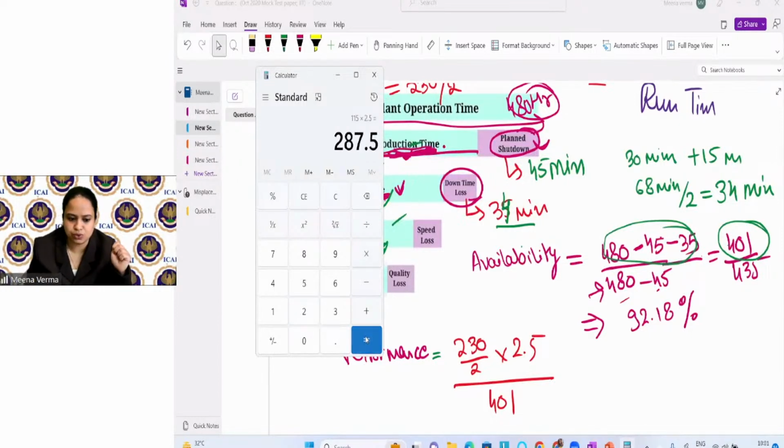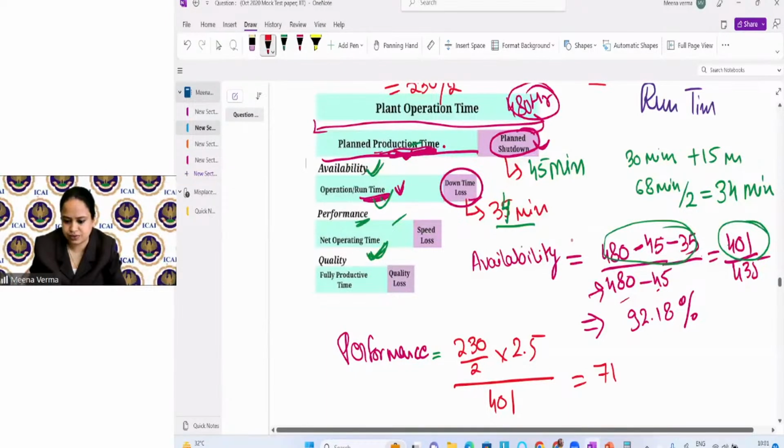This will be 287 divided by 401, which is 71.69%. Right.